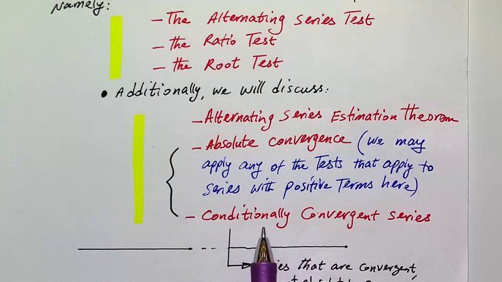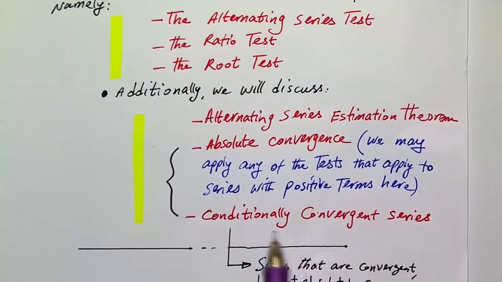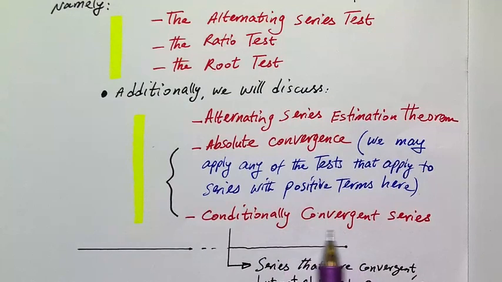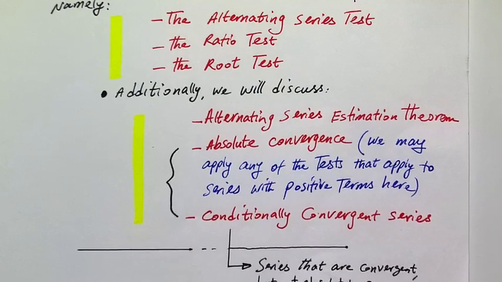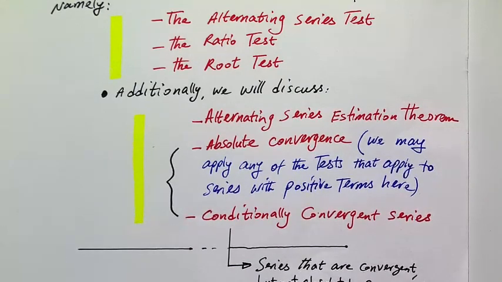Now we will also look at conditionally convergent series. Just to briefly mention what they are, these are series that are convergent, but not absolutely convergent. In other words, for conditionally convergent series, if you look at just the positive terms, they do not converge.